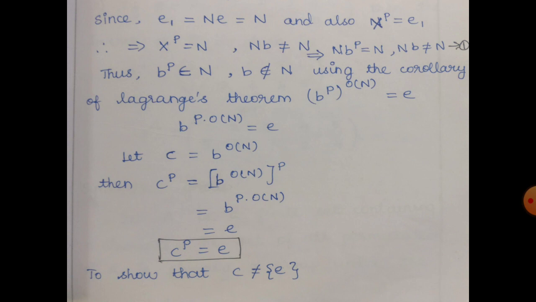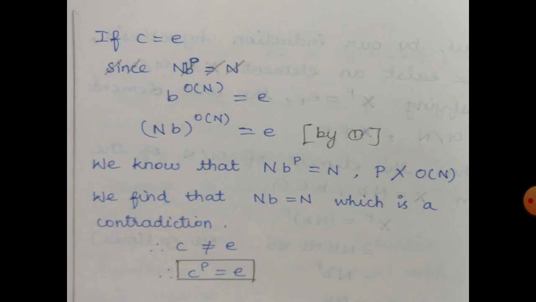So the only thing we have to show is that C is not equal to E. Suppose C is equal to E, meaning b^(order of N) is equal to E. Then N·b^(order of N) is equal to E, and by equation number 1, N·b^p is equal to N. So we know that N·b^p is equal to N, and p does not divide the order of N. We find that Nb is equal to N, which is a contradiction because Nb is not equal to N. So therefore C is not equal to E, and therefore C^p is equal to E.